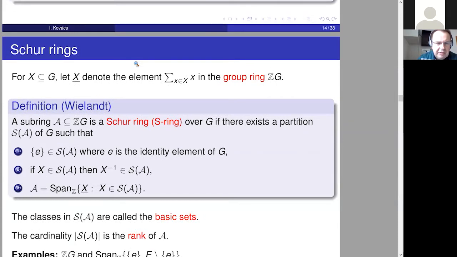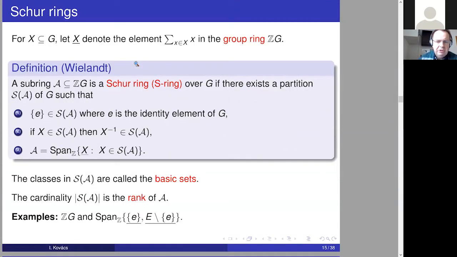I told you that Misha Muzychuk and Mitsugu Hirasaka use Schur rings, and in our papers we also use the Schur ring method, so I would like to introduce Schur rings. What is a Schur ring? Take a group. For a subset X, I will denote by underline X the corresponding formal sum in the group ring.